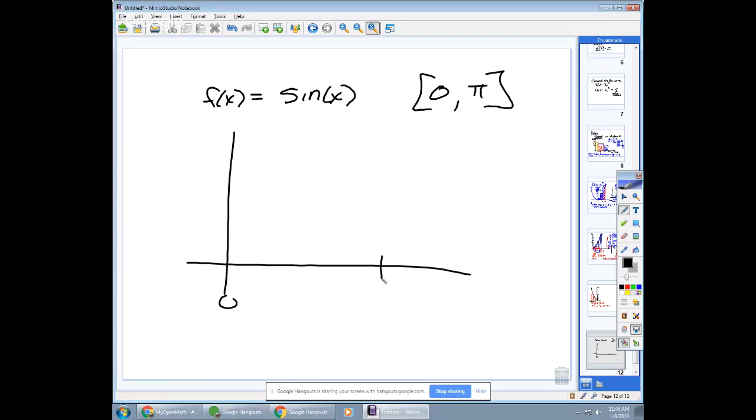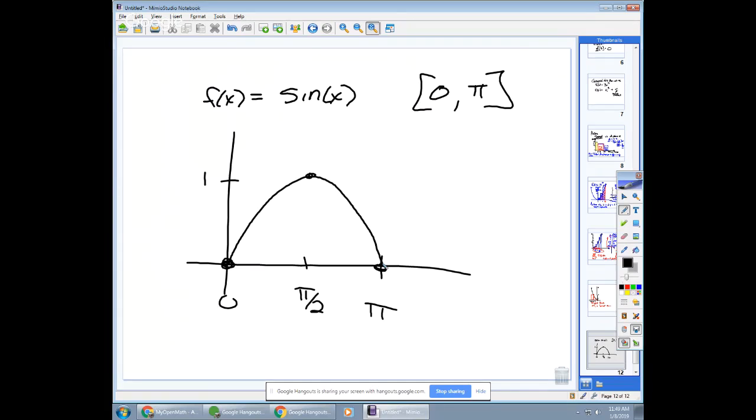So here's 0, let's say we put pi right there, right in between is pi over 2. The sine starts at 0, and then it peaks at 1 at pi over 2, and then it drops down to 0 again at pi. So this would be a graph of the sine on that interval.